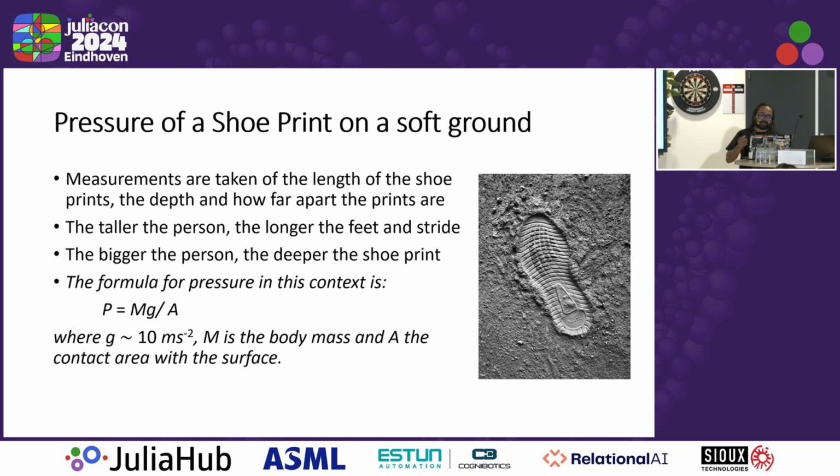Similarly, the bigger the person, the deeper the shoe print because of the weight of the person. Then the formula for determining the pressure in this context will be P is equal to mg by A, where g is approximately 10 meters per second squared, m is the body mass and A is the contact area with the surface.